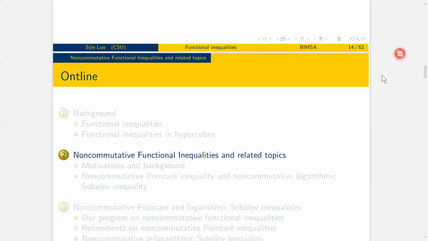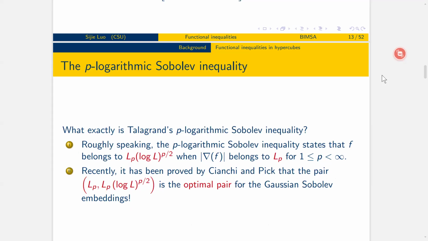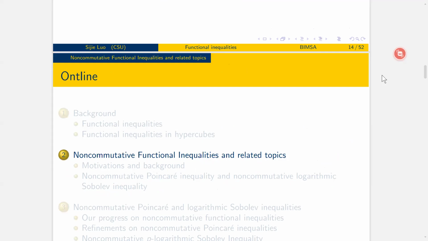Now, this is some historical background on Poincaré inequalities and log-Sobolev inequalities, not only for general p but also for p equal to 2. Now we will turn to the following topic: non-commutative functional inequalities.